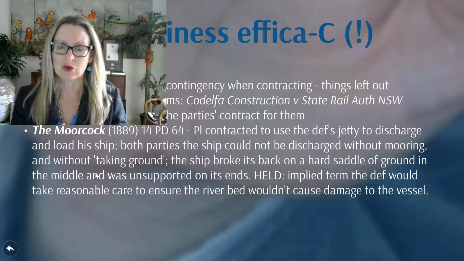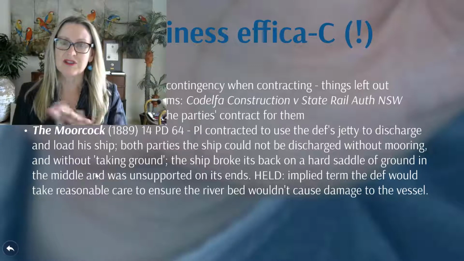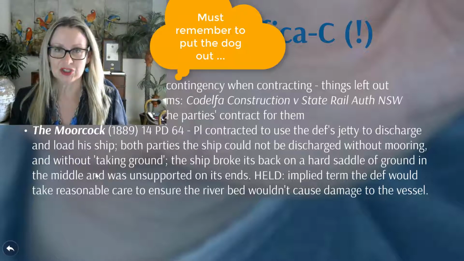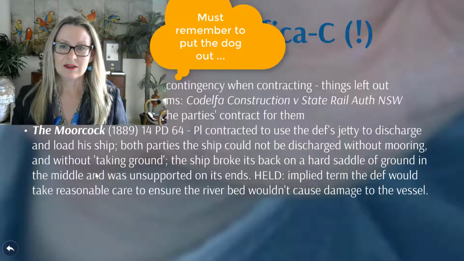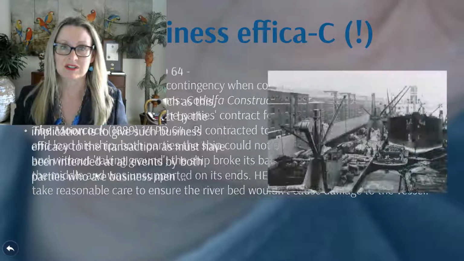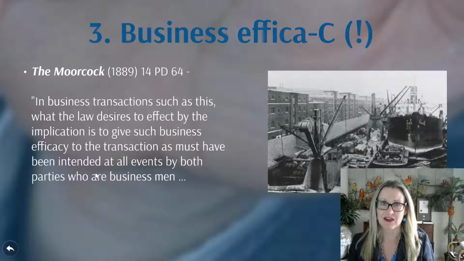Now, the question there was, could a term have been implied that the defendant would take reasonable care to ensure the riverbed wouldn't cause damage to the vessel? And it was a successful case of implying a term for reasons of business efficacy. I've taken that picture from a lovely article by David Ash.